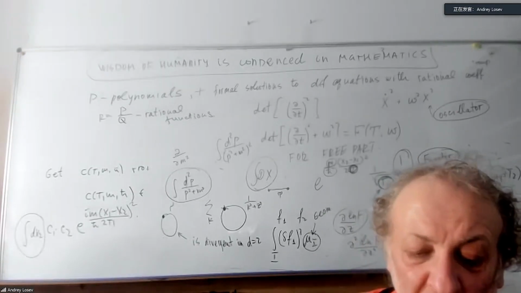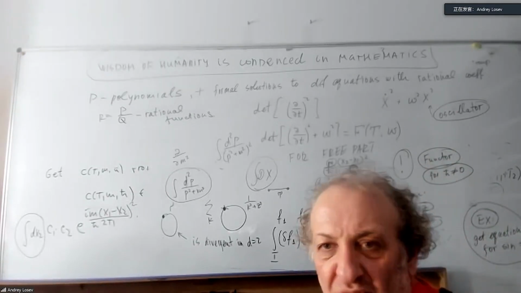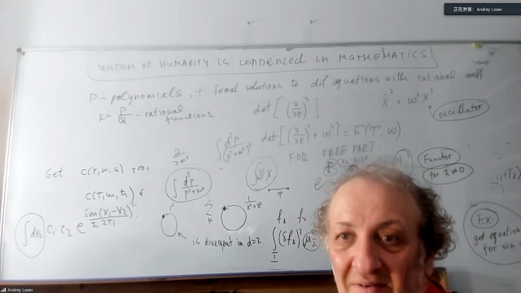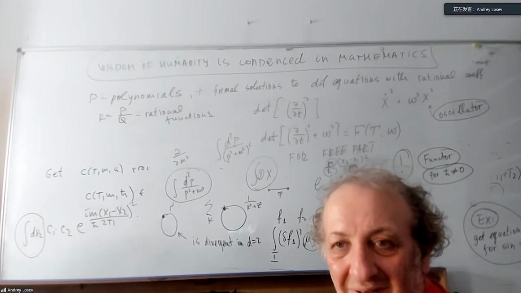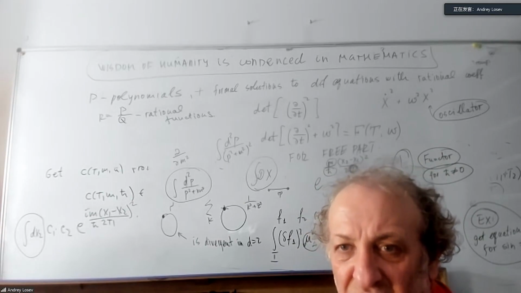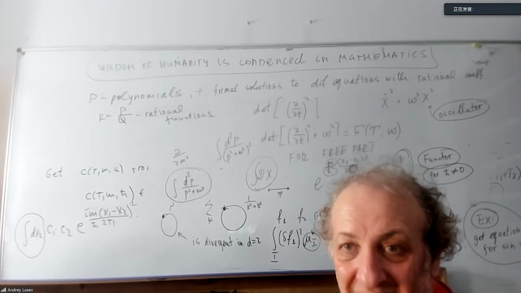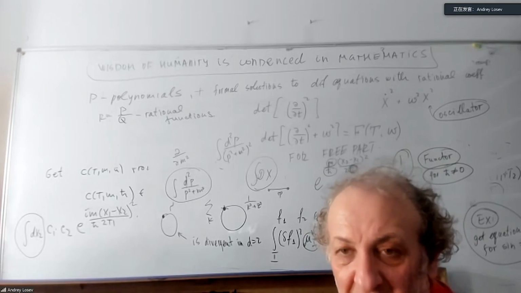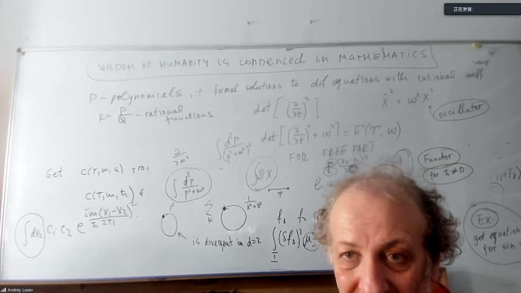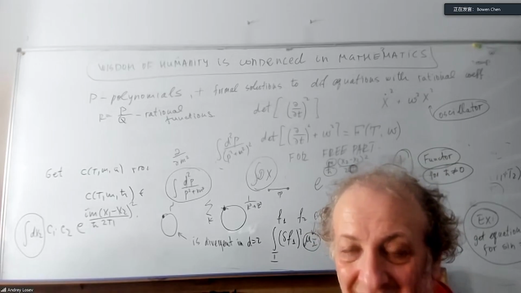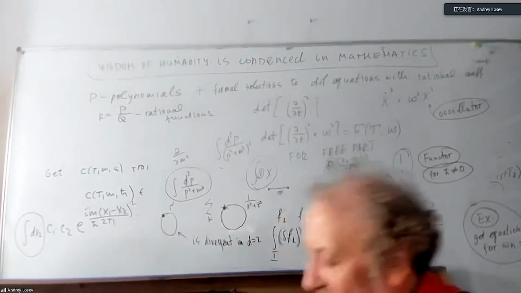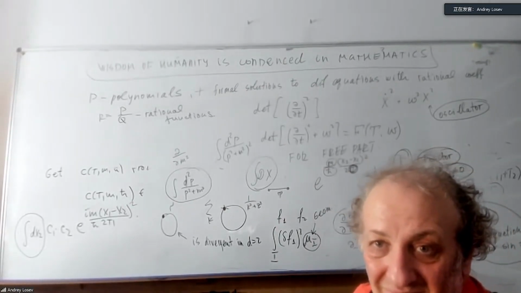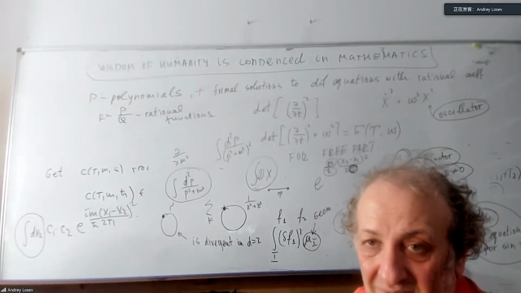So what we need is to construct a functor. The Feynman integral and everything around it is an attempt to construct a functor. Sometimes it works, sometimes it doesn't work. Sometimes we need to use, say, the D-module approach to get the result.